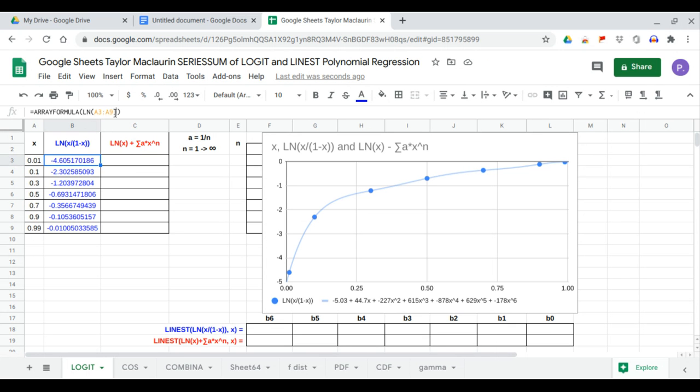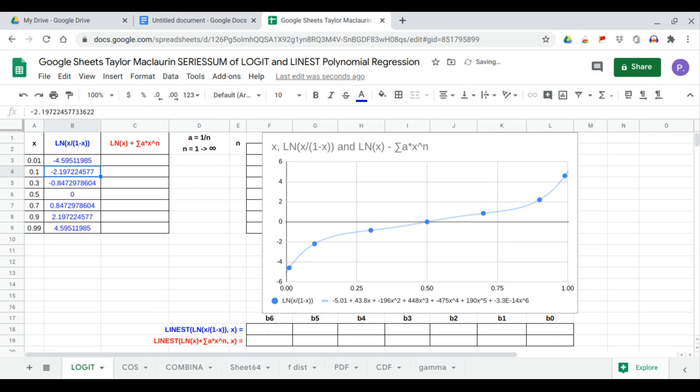So that's ln of x over 1 minus x. So that's the formula, the trend line, and the data set.